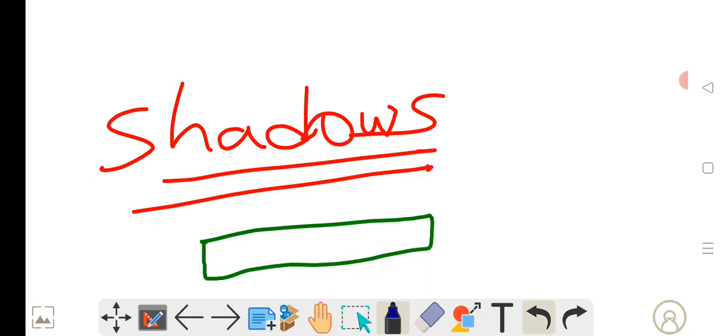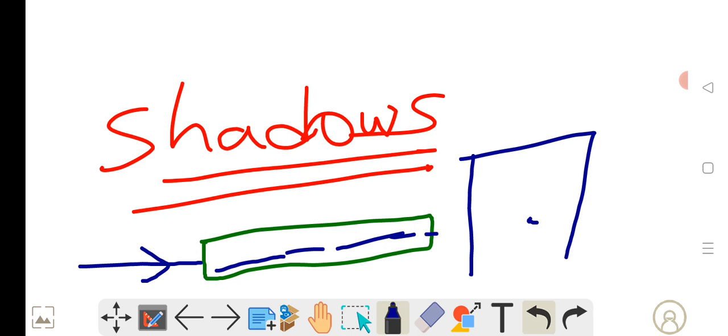The light is traveling in a straight line. This object is not allowing the light to pass through it, so that light cannot go through it. Then its shadow will be formed. If you take a screen here, on the screen you can see this object's shadow.